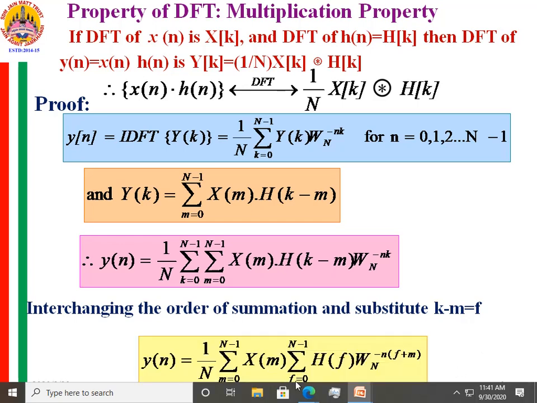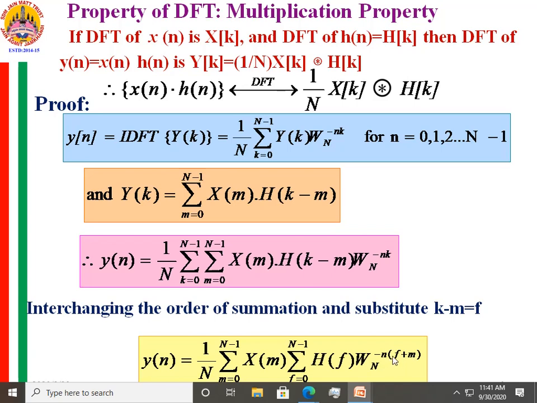So we take the summation with respect to f from 0 to N minus 1. Now this will become h(f), because k minus m we are replacing with f, and k will be replaced with m plus f or f plus m.